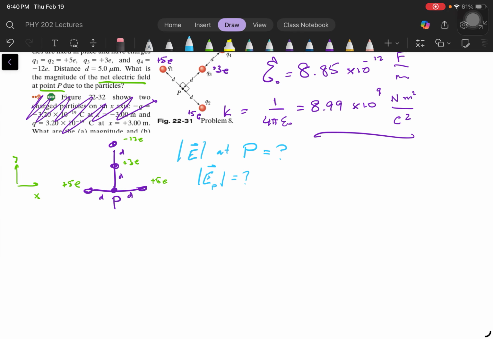So, what is the magnitude of the net electric field at point P due to these particles? So we can go ahead and say E sub P is equal to E sub X i hat plus E sub Y j hat. I might as well go ahead and put Q1, Q2, Q3, Q4.